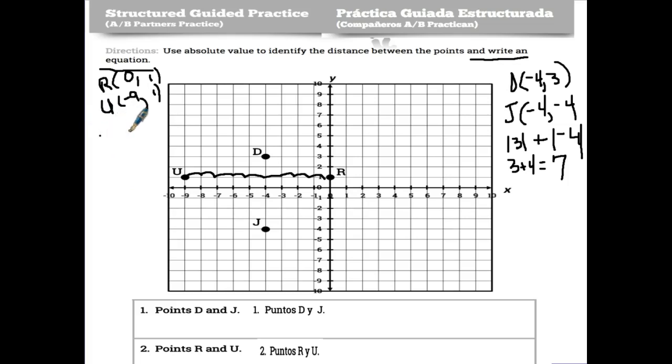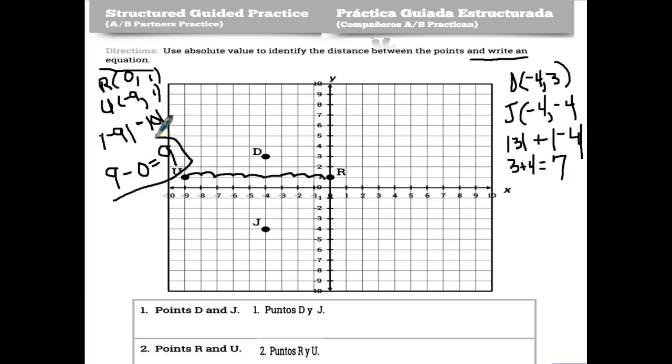And they're both in the same quadrant, so I'm going to subtract the absolute value of -9 and the absolute value of 0. Well, the absolute value of -9 is 9. The absolute value of 0 is 0. 9 subtract 0 gives me 9.